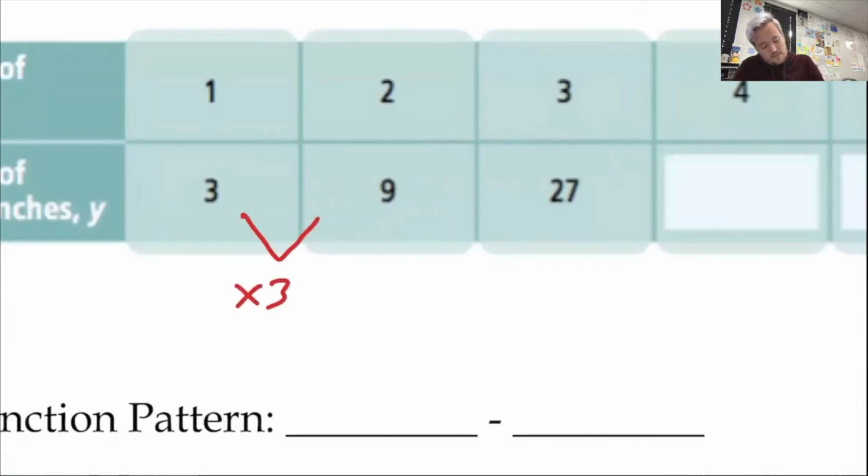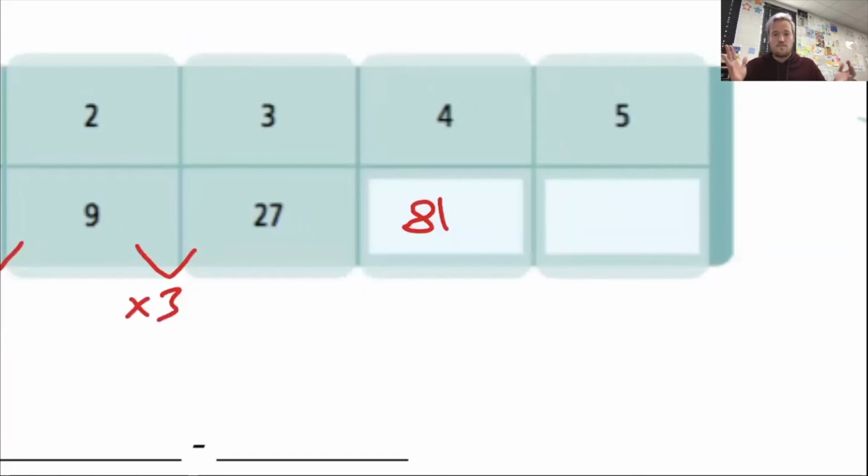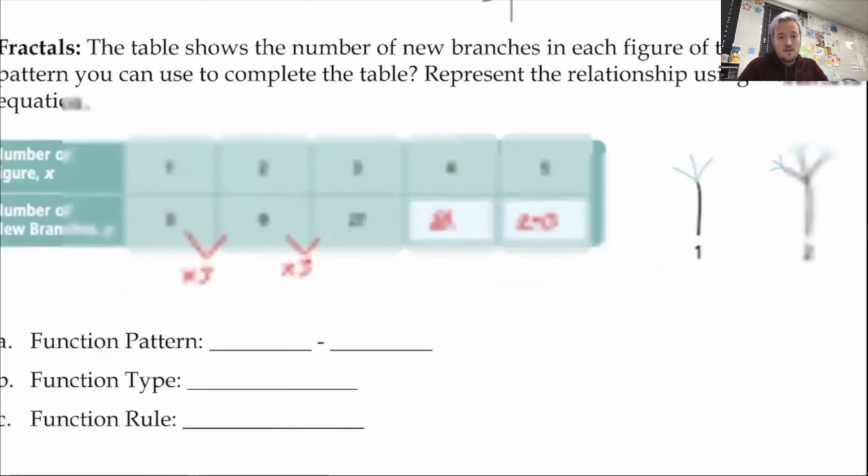So times 3, times 3. So 27, if 27 branches branch into 3 other branches, we're going to have 81 total branches. And if those 81 branches branch into 3 more, we're going to have 243 branches.